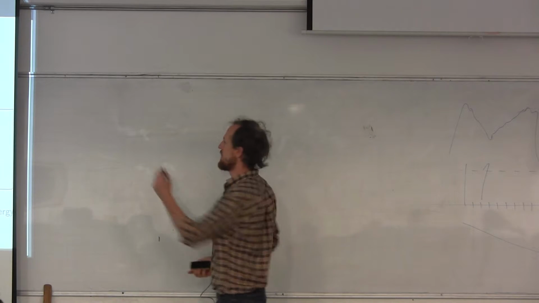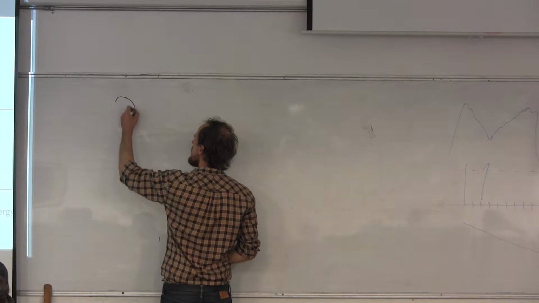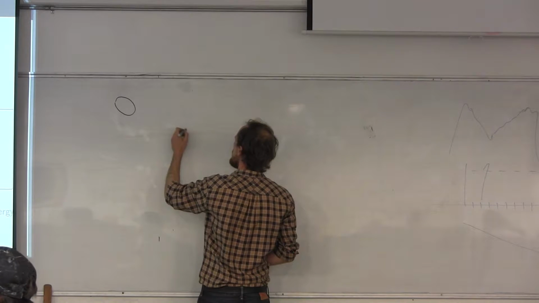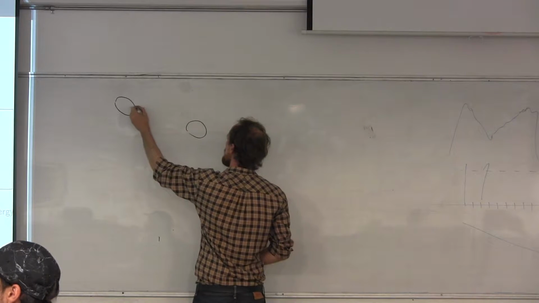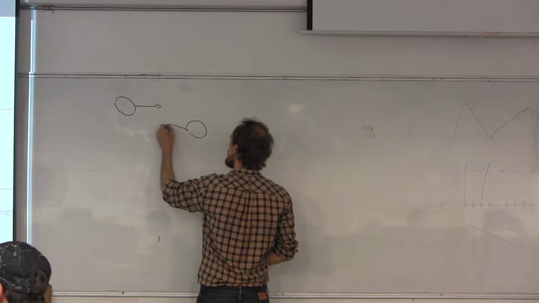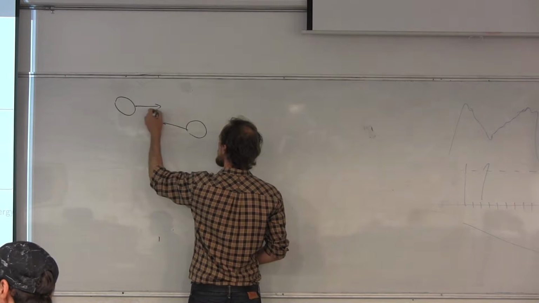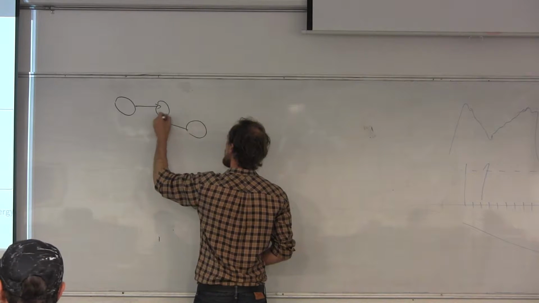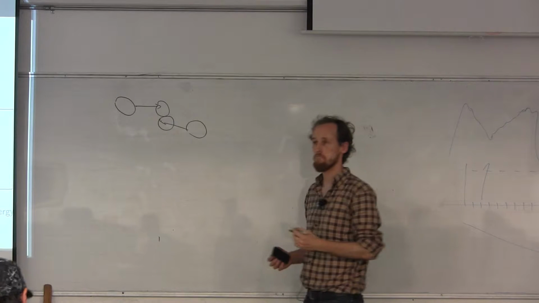the first picture we showed of this problem was two particles, maybe one here and one here, moving. And at some point, they'll collide.